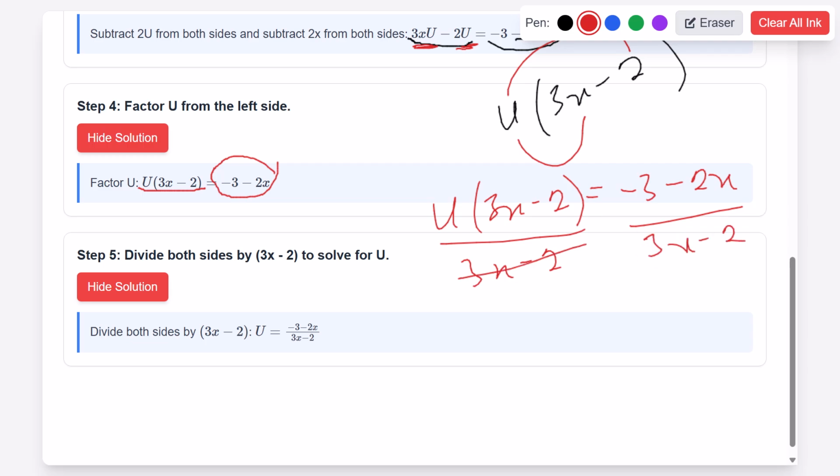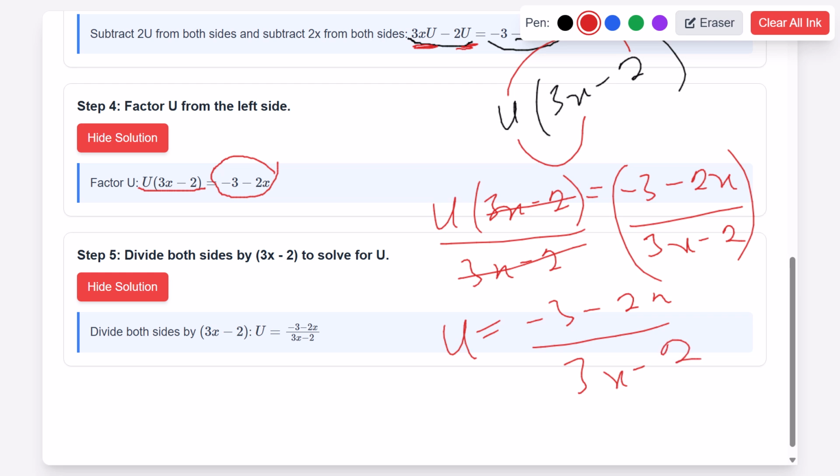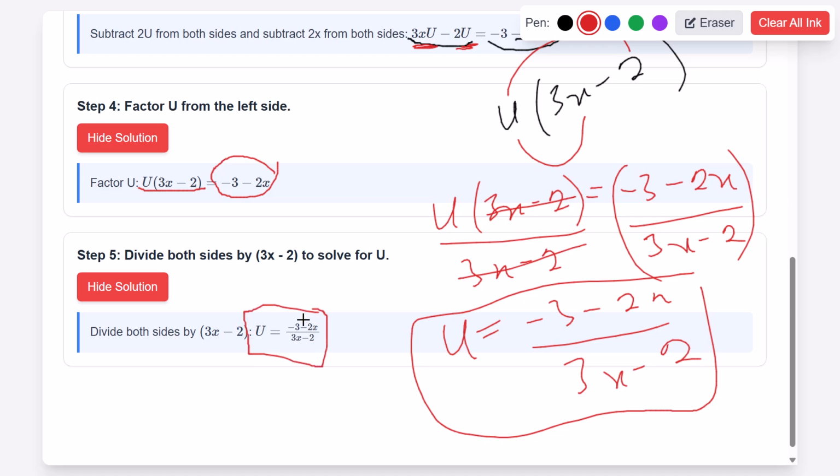So now this will cancel this over here, and I'll be left with u is equal to negative 3 minus 2x all over 3x minus 2. And that is exactly what we have as our final answer, which is this over here. So u is equal to negative 3 minus 2x all over 3x minus 2. So that is our final answer.